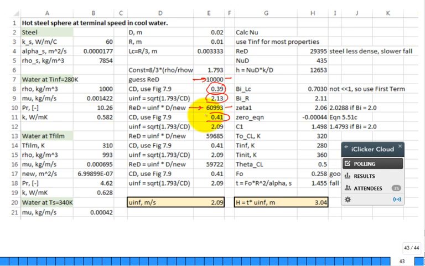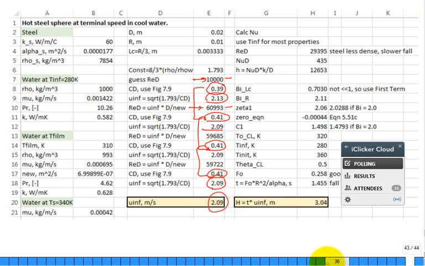But the drag coefficient changed from 0.39 to 0.41. Then you update, and the drag coefficient's still 0.41, with the Reynolds number around 55,000 to 60,000. And then finally you converge, and there you go. That's how you do it. In 1 or 2 iterations, you're going to be there. So that's how you get the terminal speed.